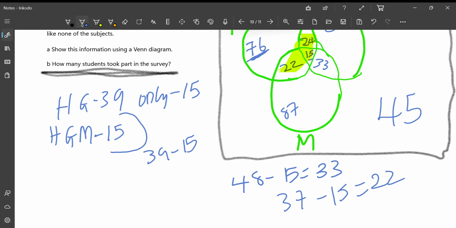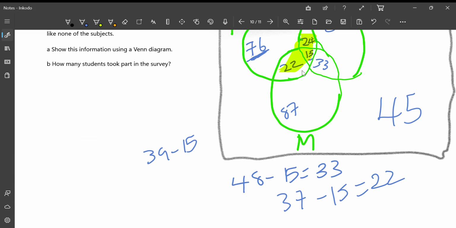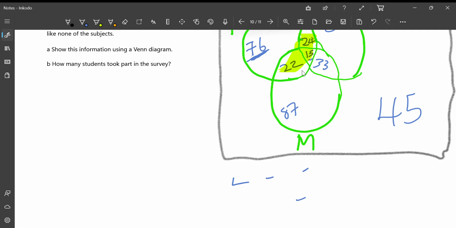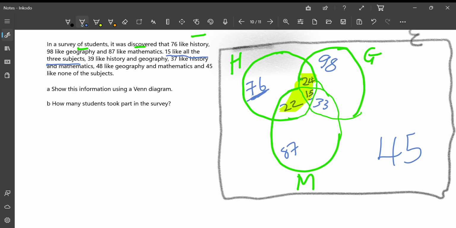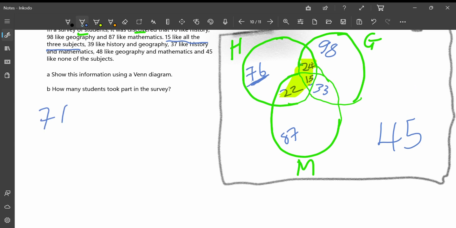Let me also clean where we are working on so that it won't get confusing. If I want to know those that are in history alone, I will need to do 76 minus 24, minus 15, minus 22. So minus this 24, 15, and 22.